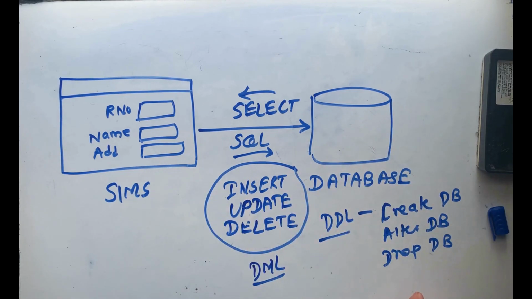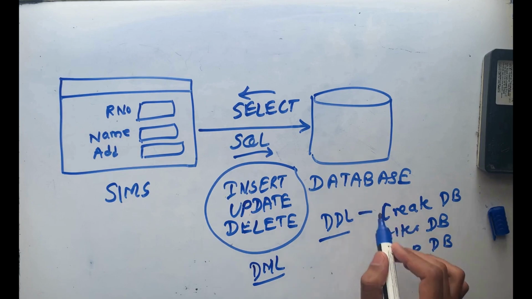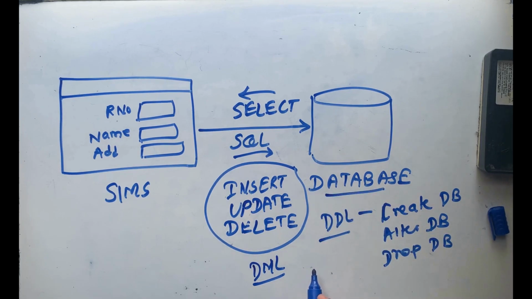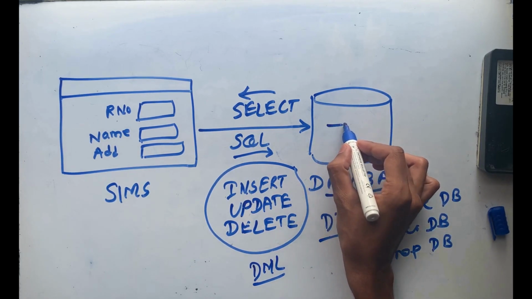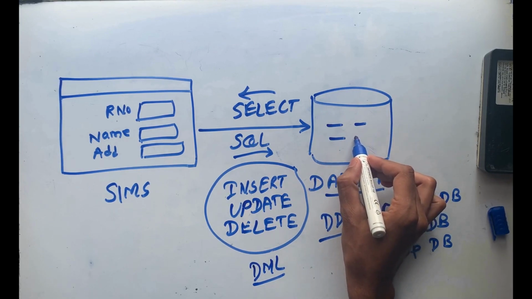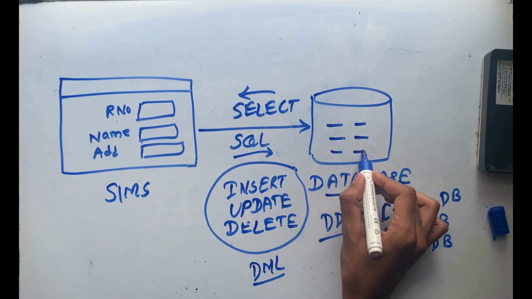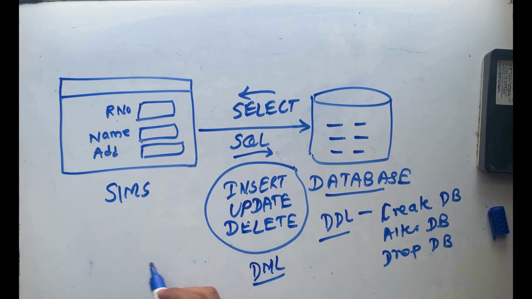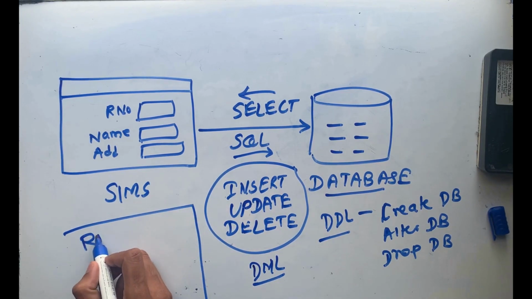So this is about SQL and how the database comes into the picture. First of all, we will see that a database has information or data. So how does that data come? Here is the roll number, name, address.